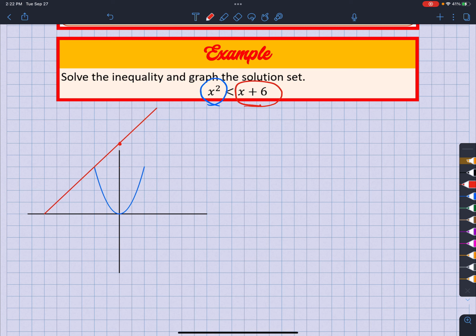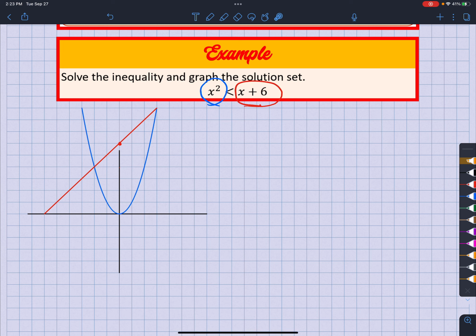So what I need to do is extend this: 4, 5, 6, 7, 8, 9. That's what it would look like. What it's asking about is, when is this curve below or less than this line?